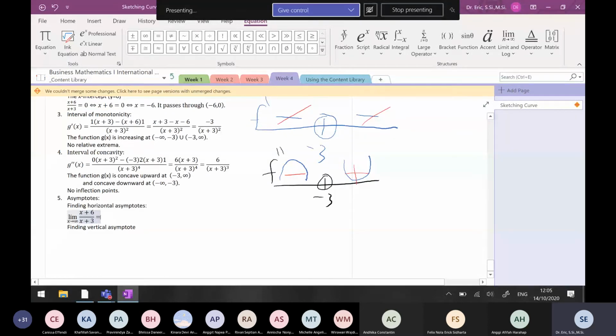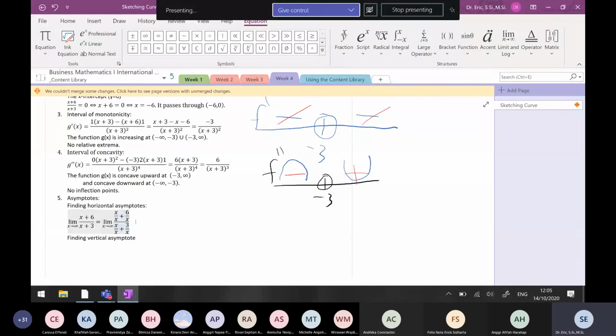So how do you find this? Because this is infinity divided by infinity, I have to divide by the highest degree, that is x. If you already know this, you can just immediately guess.